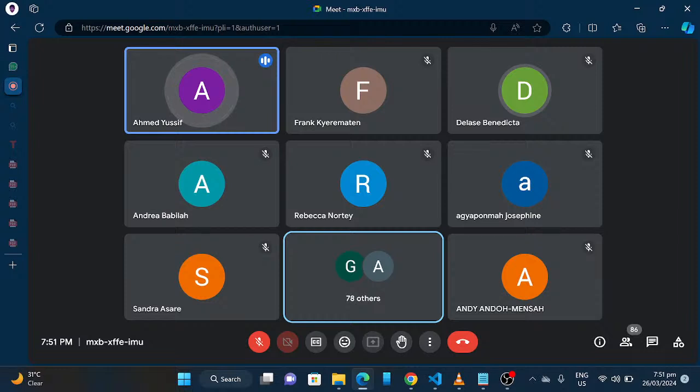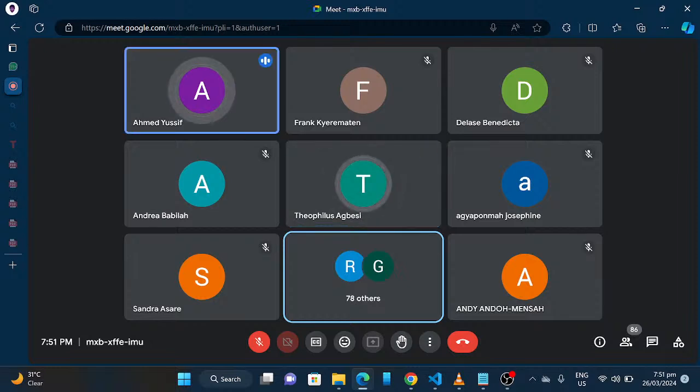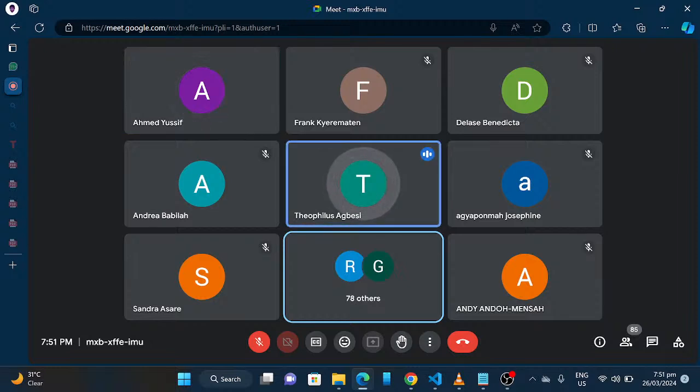All right, let's talk about the mechanism of action of the heparins. How do they act? Hello, sir. I have a question concerning the low molecular weight heparins.